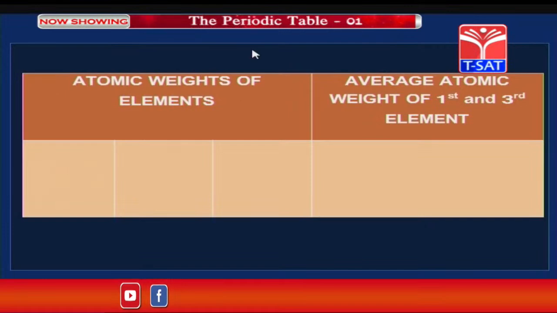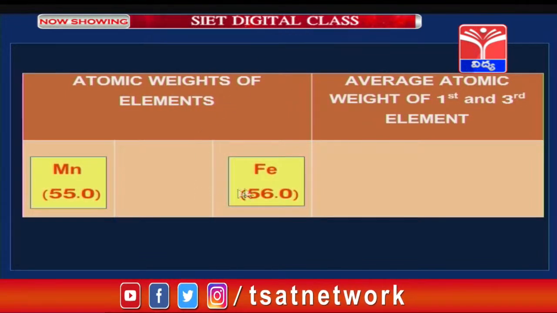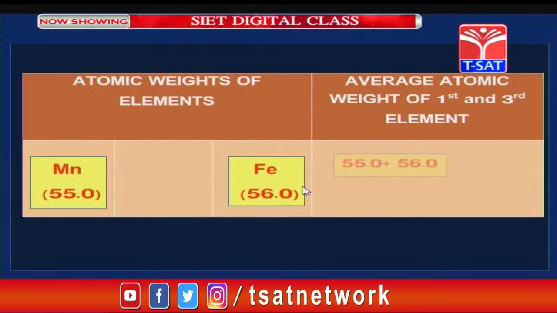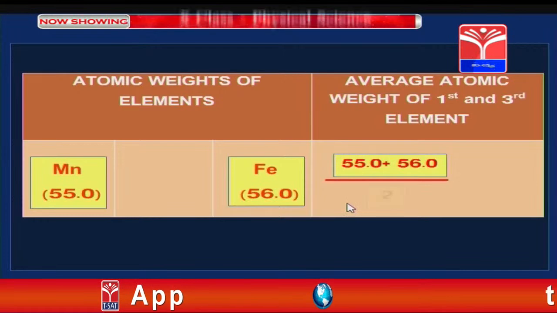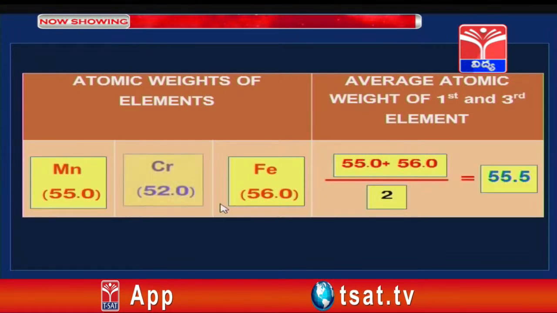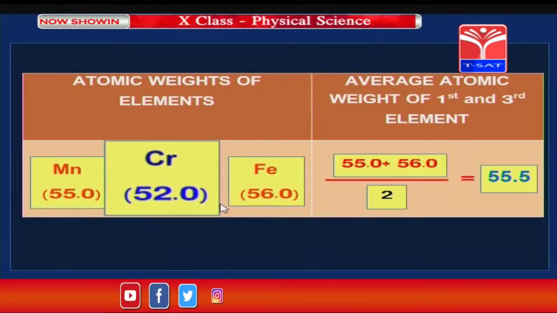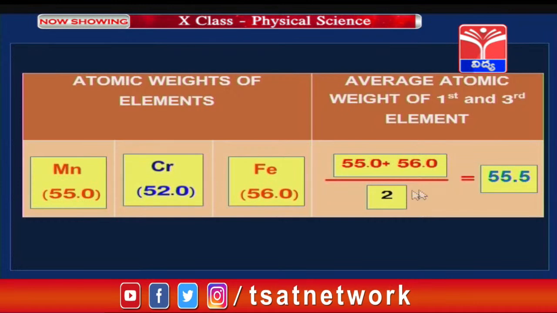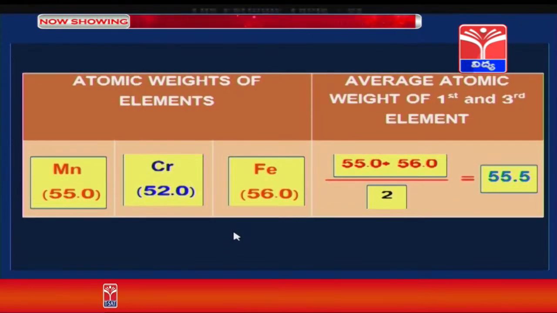Now, the fifth triad: manganese, whose atomic weight is 55, and iron, whose atomic weight is 56. The average value of atomic weights is 55.5, and the middle-most element is chromium, whose atomic weight is 52. It is also not matching, so we will study it under limitations.